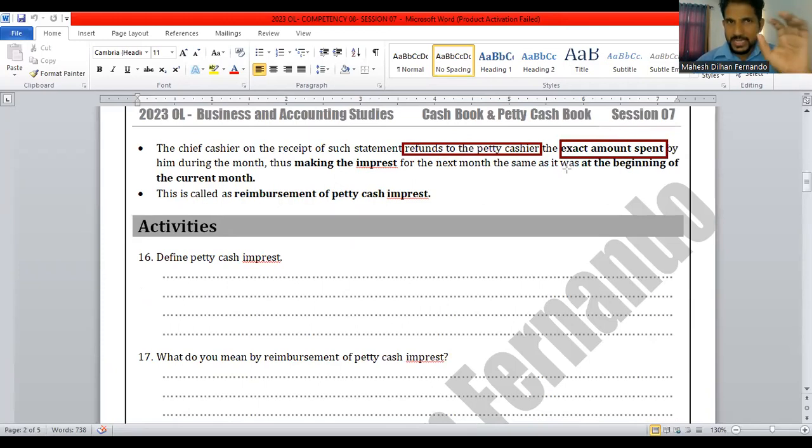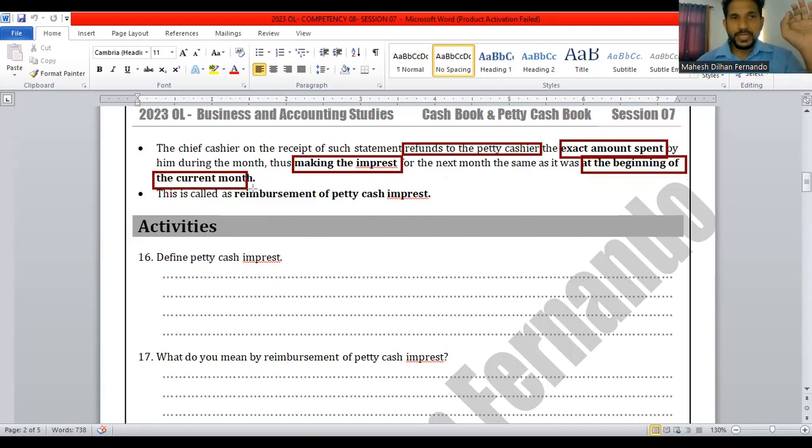In your case, 70 rupees will be given by your father, thus making the petty cash imprest for the next month the same as it was in the beginning of the current month.